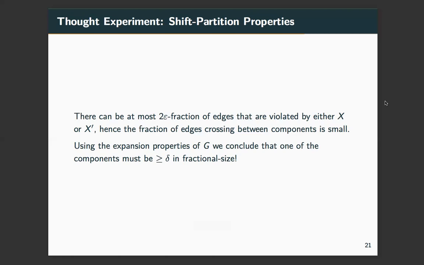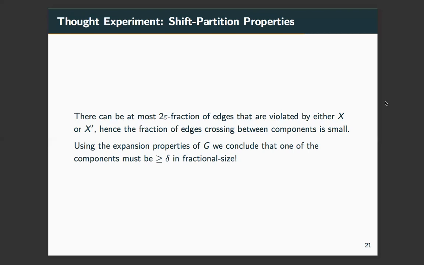A partition that has all sets of fractional size less than or equal to delta will have an epsilon fraction of edges crossing between the parts. This is a simple averaging argument. So by the contrapositive, we can conclude that there must be a large part of size at least delta if there are very few crossing edges.